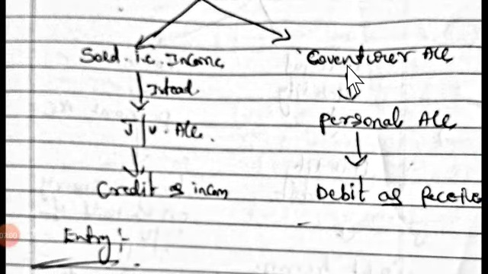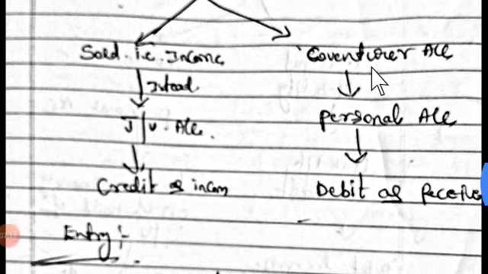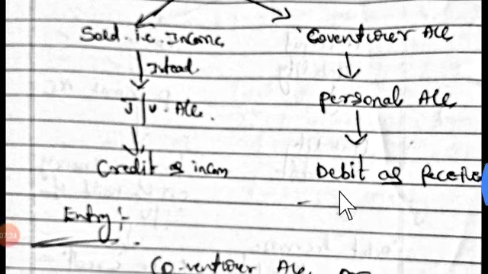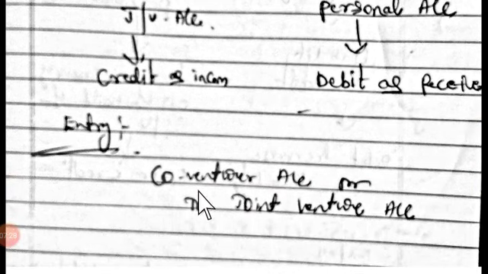But here, as the surplus materials are taken over by a co-venturer, the co-venturer account arises, which is a personal account. If sold to others, a bank account would be opened. If taken over by a co-venturer, the co-venturer account arises. As it is a personal account and a receiver, we debit that co-venturer account. So the entry is: co-venturer account debit to joint venture account.